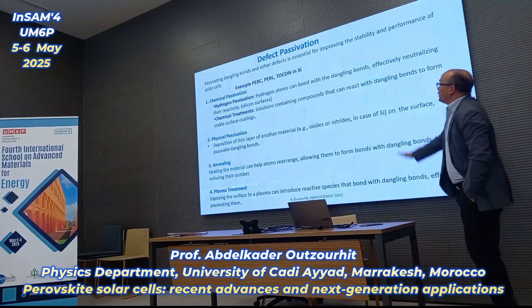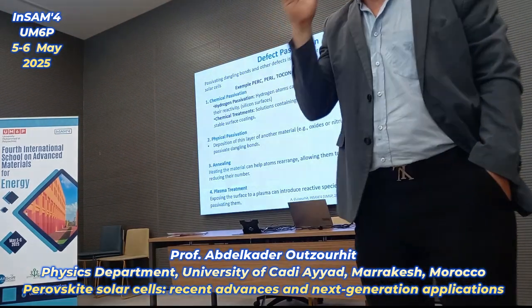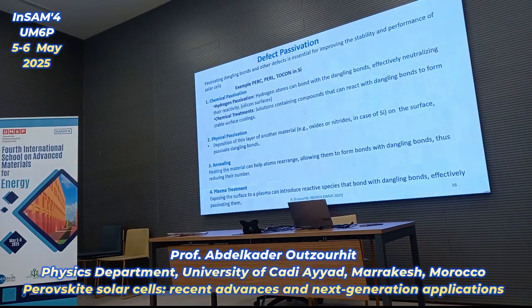So, the objective here is to passivate those defects, to eliminate them somehow. And you'll see the technology that you saw in the last conference, either the PERC, the TopCon, or the Perl technologies in silicon. That's what they're doing.